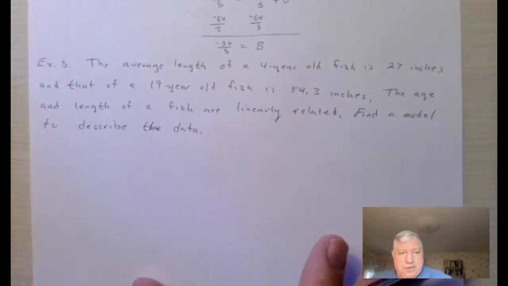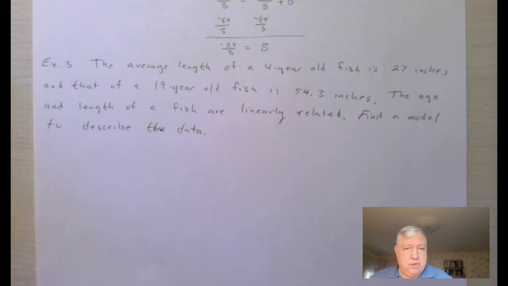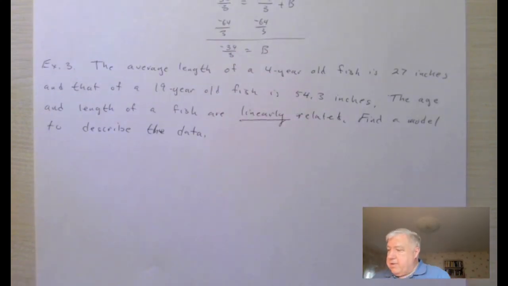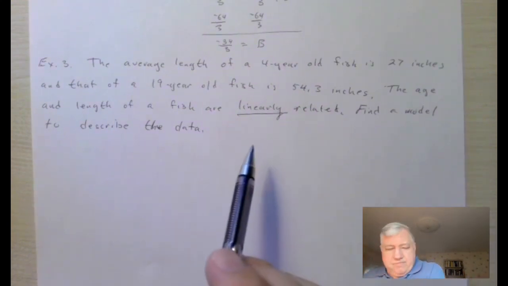All right, last example here. In this case, the average length of a 4-year-old fish is 27 inches, and that of a 19-year-old fish is 54.3 inches. The age and length of a fish are linearly related. Find a model to describe the data. By now we know that means finding a linear equation. Let's define some variables.